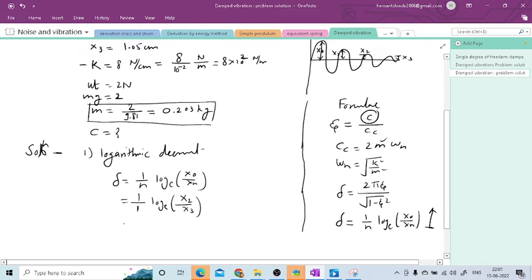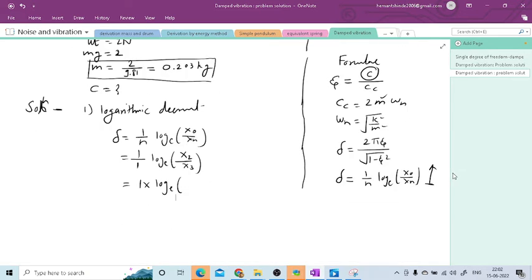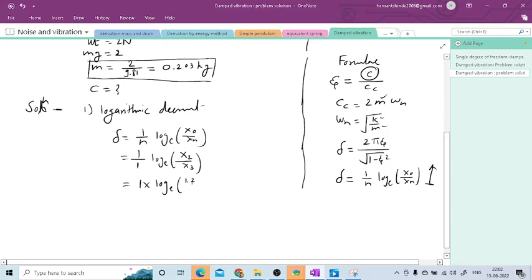Now put the value. So 1 into log to the base e x2. They have given the value of x2 and x3. x2 is 1.2, x3 is 1.05.